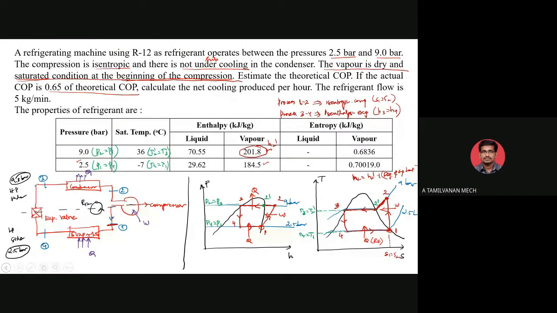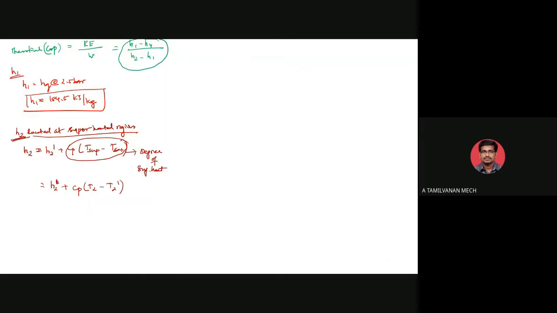Sorry, the Cp value is not given. From the refrigeration table, we are going to take the Cp value, which is around 0.64 kilojoule per kilogram Kelvin. That is the Cp of refrigerant R12. So this is the formula to find H2.